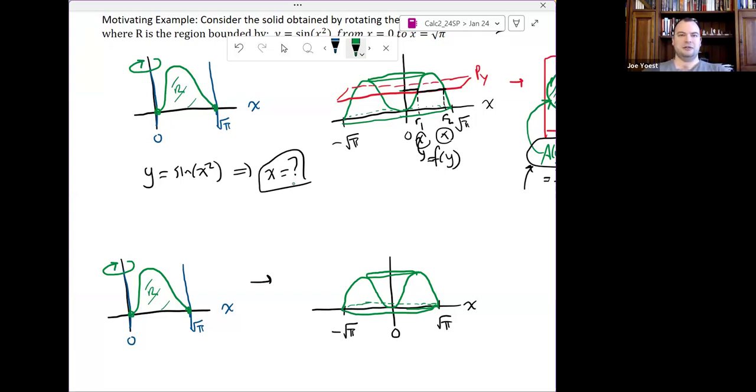So I can think of adding slices, instead of left to right or top to bottom or bottom to top, which really doesn't respect that rotational symmetry inherently. I could think of adding slices radially, from inside to outside, or from near the axis of rotation to further away from the axis of rotation.